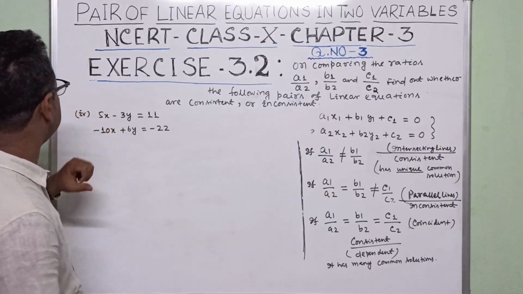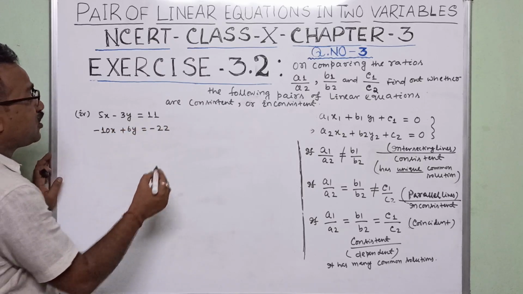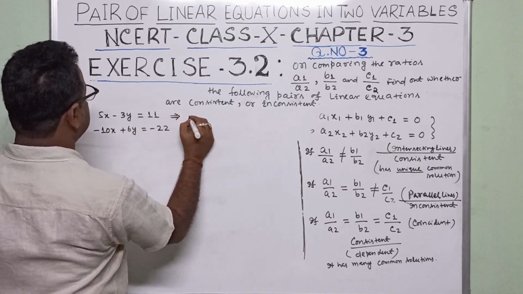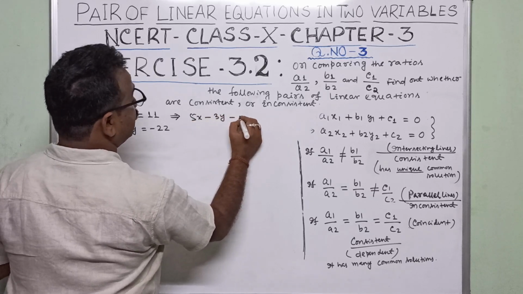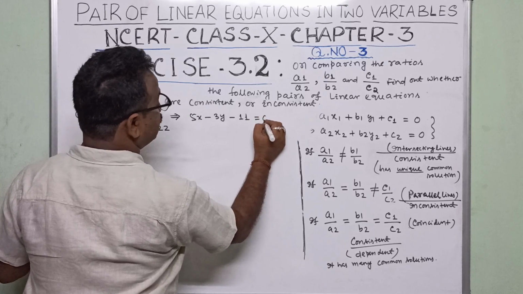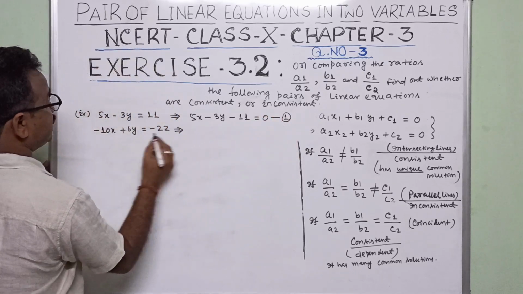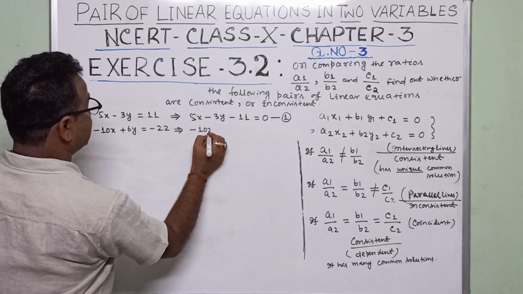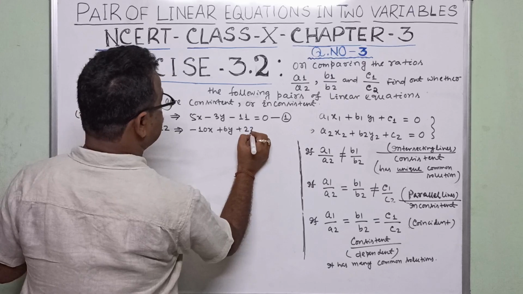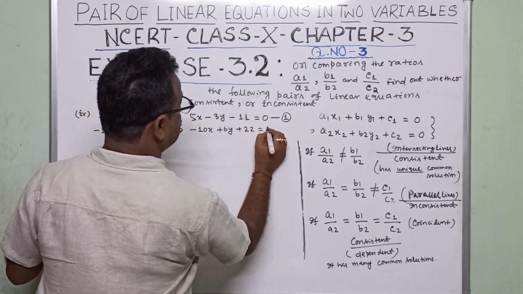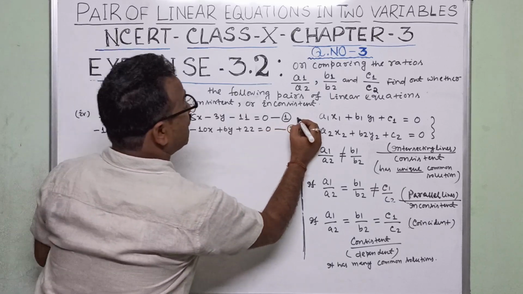Now move on to part 4. 5x minus 3y is equal to 11, not written in the standard form. Right: 5x minus 3y minus 11 is equal to 0. Now the second one implies minus 10x plus 6y plus 22 is equal to 0. Equation 2. Now compare this with the standard form.